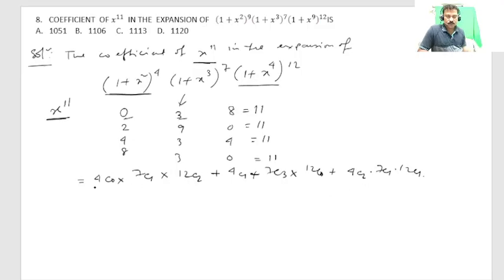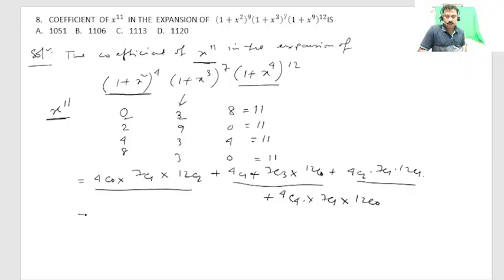Okay, first from these, second from these, third from these, and the last one, that is 4c4 here, 7c1 here, and 12c0 here.